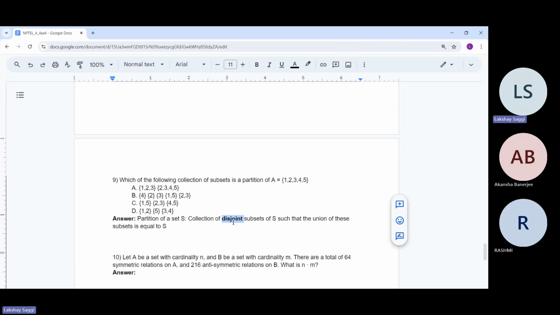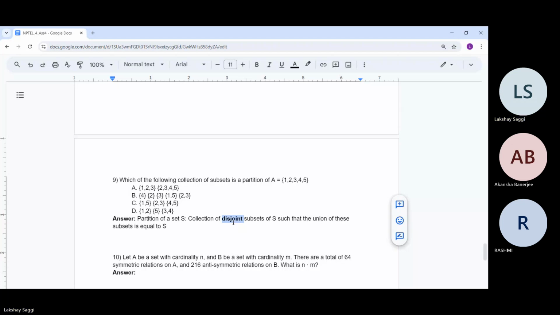Disjoint means that the subsets should not have any element in common. Two sets S1, S2 are called disjoint if S1 intersection S2 is the null set. Effectively, what this means is that no two sets have an element in common. If no two subsets have any element in common, then they are all disjoint subsets.